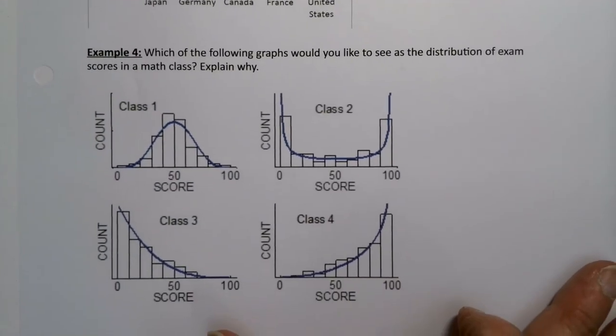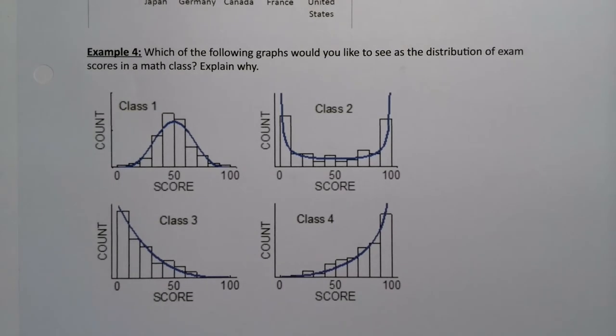All right, now let's think about exams for a moment. Which of these would we say is most likely for the exam scores in a math class, and explain why? I'll do one better. Which one's most likely for the scores of the ACT?